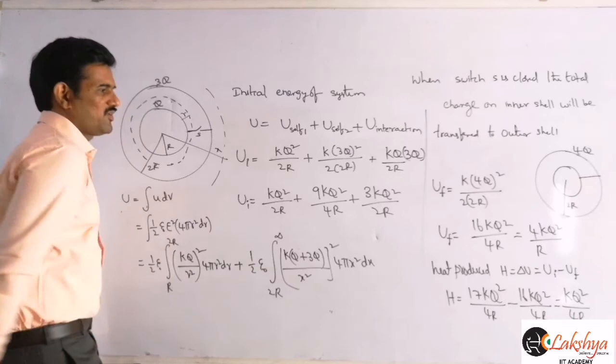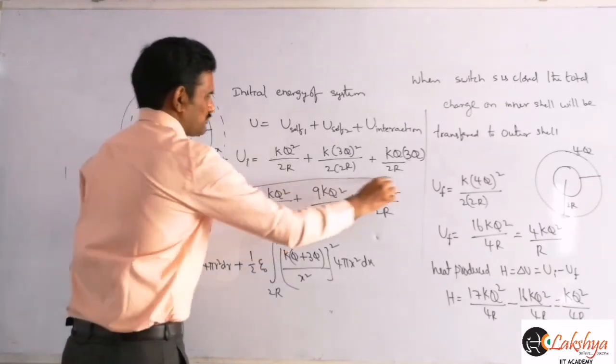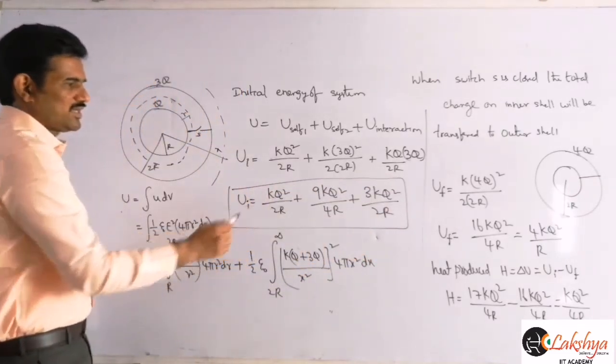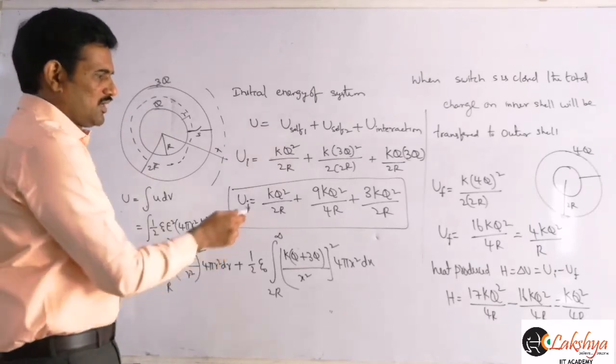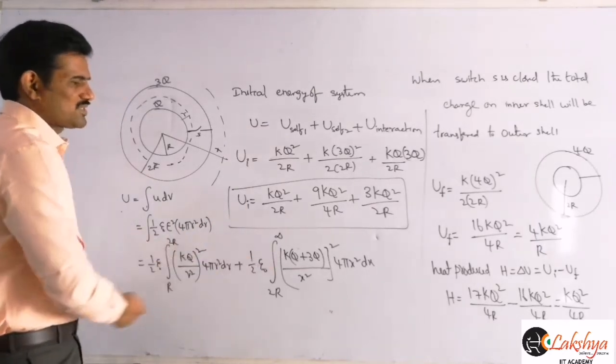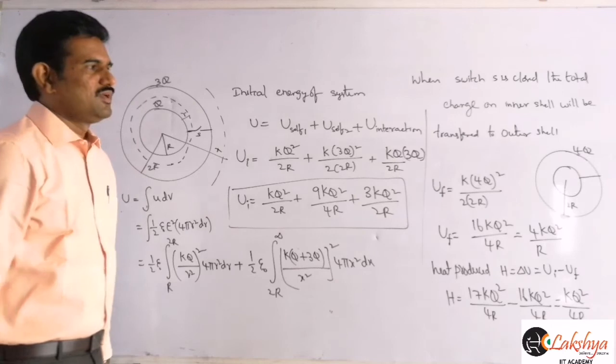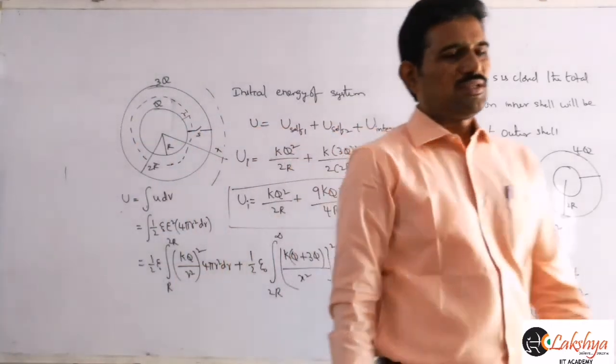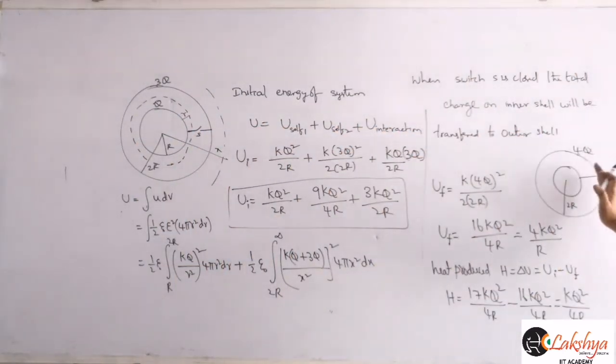So if you simplify this, you will get this term only. Whatever we are writing like 17 kq square by 4r, if you simplify this entire calculation, you will get the same term. And finally, only the field is there outside, so we can write k into 4q by x square, that is the E value.